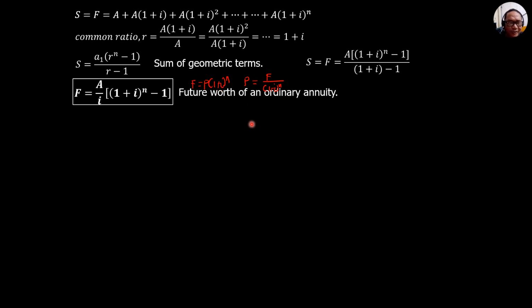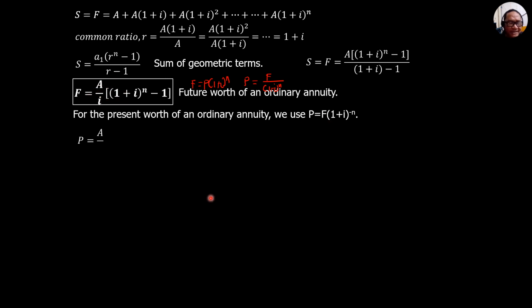So the present worth, therefore, we simply divide that by 1 plus i to the n. So P equals F times 1 plus i to the negative n, or we divide this by 1 plus i to the n.